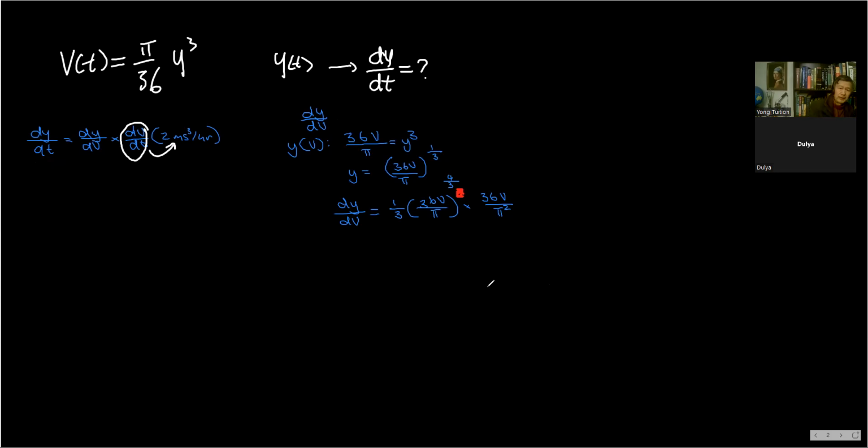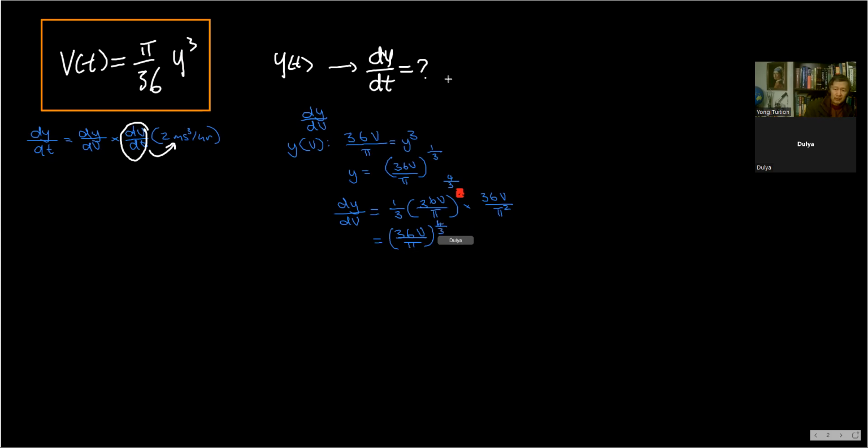Yeah, everything is based on this: we have to first work out this relation between volume and y. So you work out dy dv, and you forgot the number. Yeah, that's right.